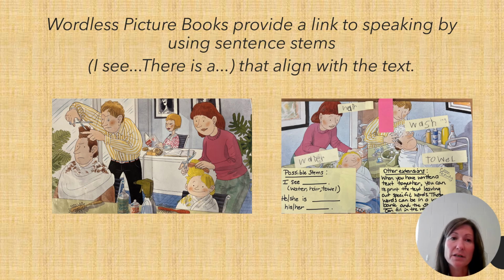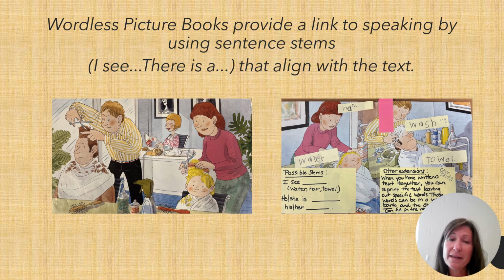Wordless picture books also provide the opportunity to link to speaking and reading by using sentence stems. In the wordless picture book, The Haircut, students can label what they see in the pictures. They can use the stem I see to describe what they notice and what is happening in the pictures. After this activity, they could create a few sentences about the pictures and text and read it together with the teacher.